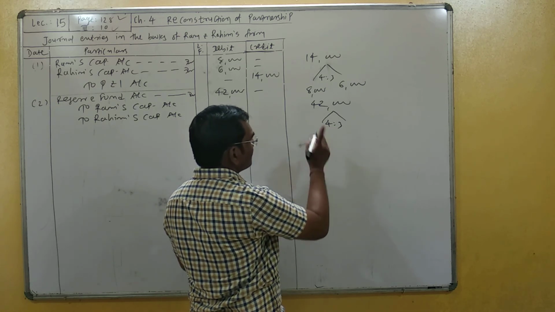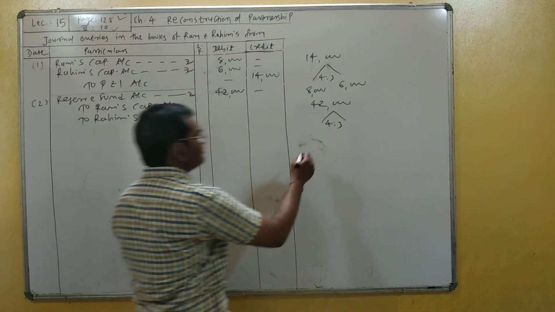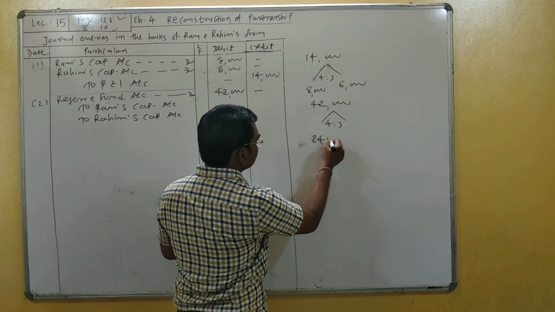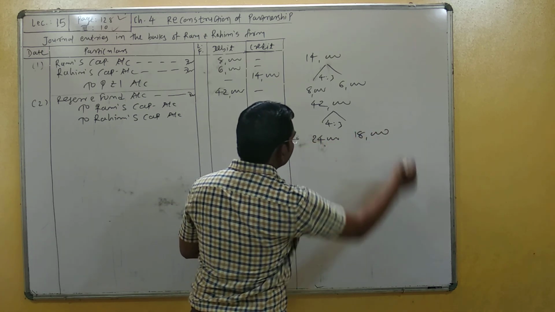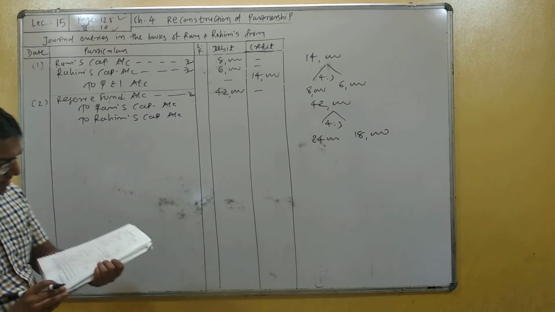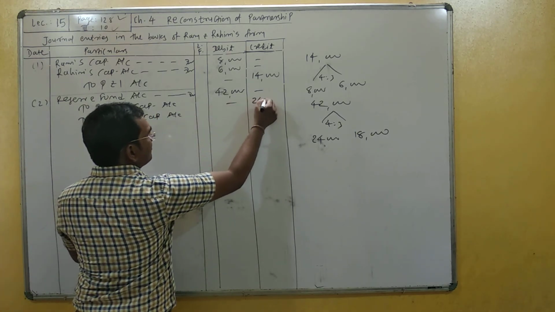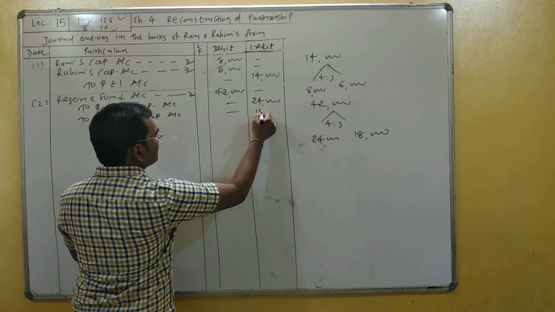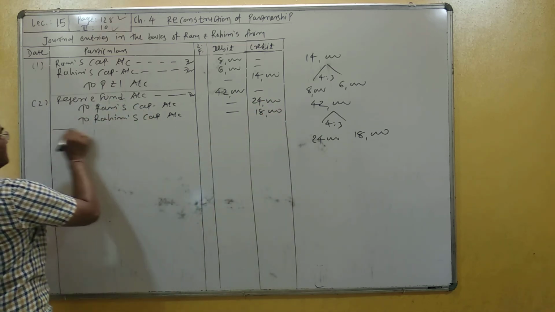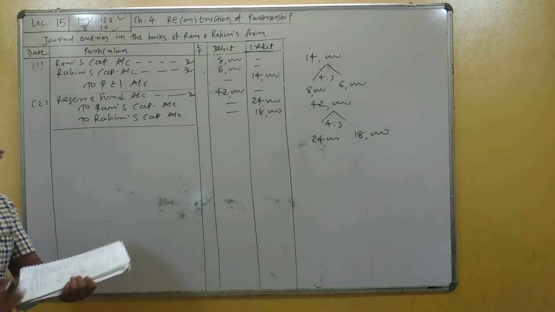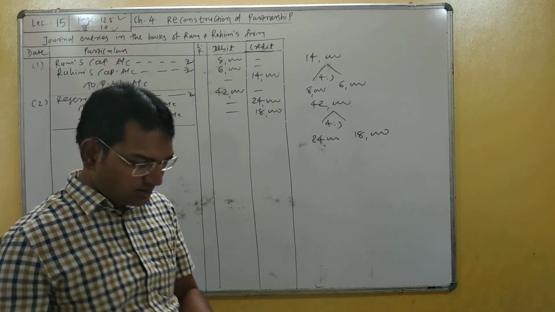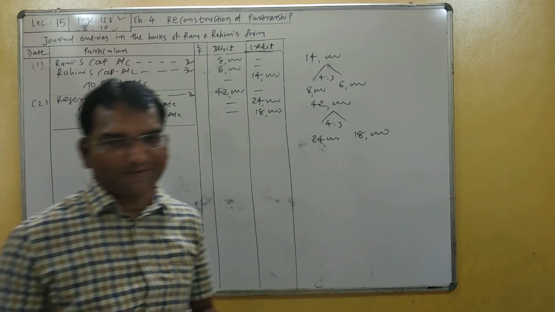So how much amount? 24,000 and 18,000. So Ram's capital account 24,000, Rahim's capital account 18,000. This is the second entry. Third balance, workman profit sharing fund.